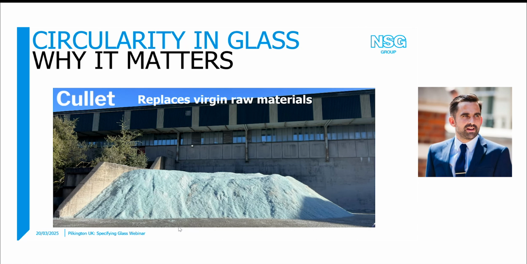Where you have cullet, you don't need the sand, etc., or as much of the sand. It melts at a lower temperature than virgin materials, so as it's already glass, it doesn't take as long to melt into molten glass as it takes the primary materials of sand, etc.